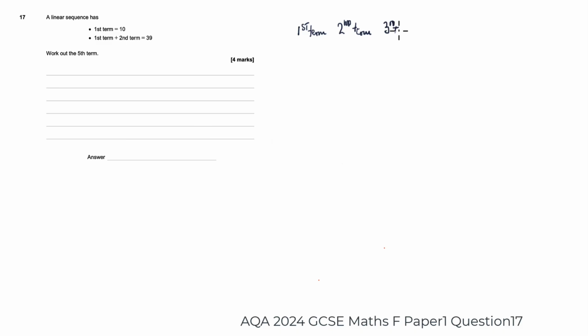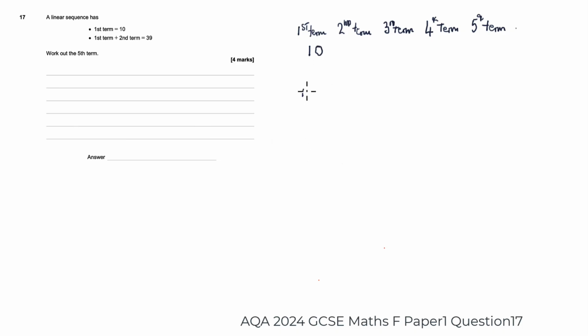So what that means is that there's a rule that you add the same number to one term to get the next. Add the same number, add the same number. So let's just remember that as we're looking at this. Now what do we know? The first term is 10.